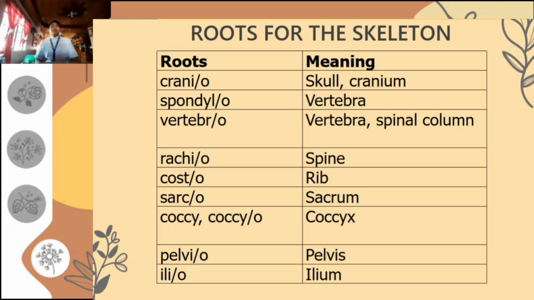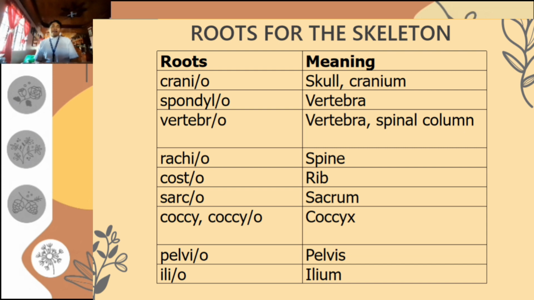Now, under the root or base words for the skeleton, here are crani or cranio, meaning the skull or the cranium. Spondyl or spondylo, meaning our vertebra. Vertebra, meaning vertebra or the spinal column. Rachis or rachio, pertaining to our spine.